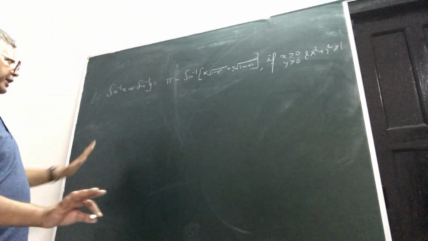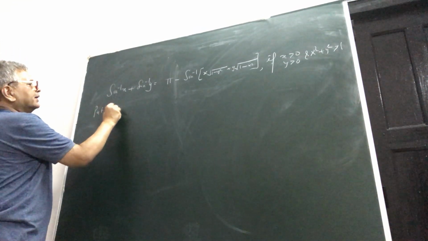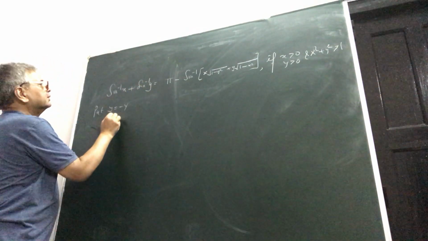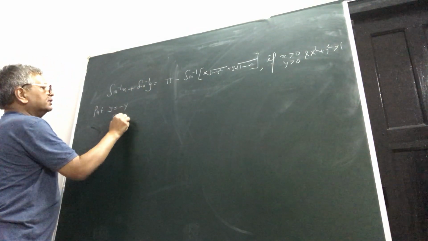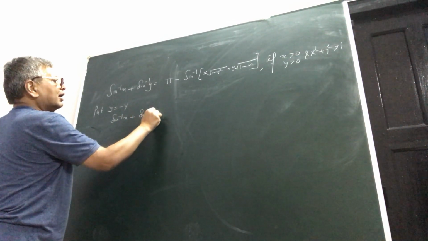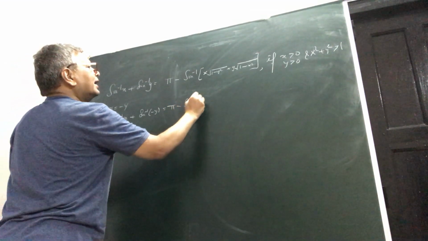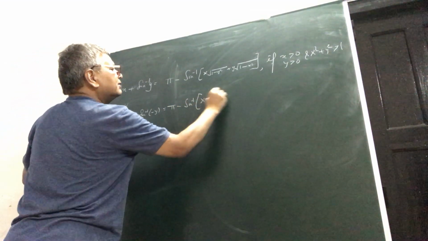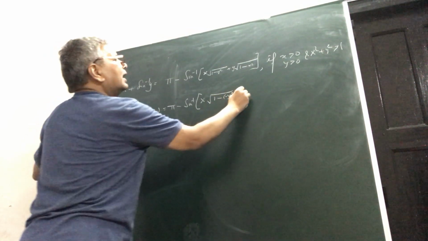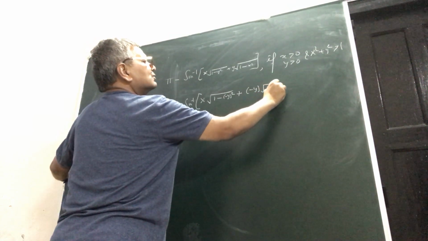Okay, now see, this was the condition. Now see what you need to do. Here put y is equal to minus 1. So what do you get here? Sine inverse x plus sine inverse minus y is equal to pi minus sine inverse. Wheresoever y is coming, simply replace it with minus y: x times the root of 1 minus minus y whole square, plus minus y under root 1 minus x square.